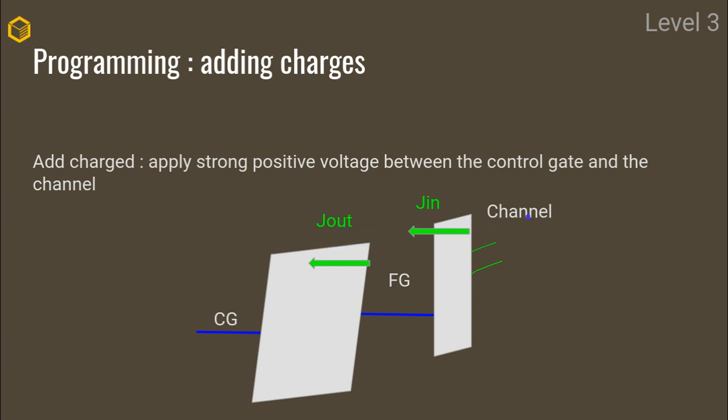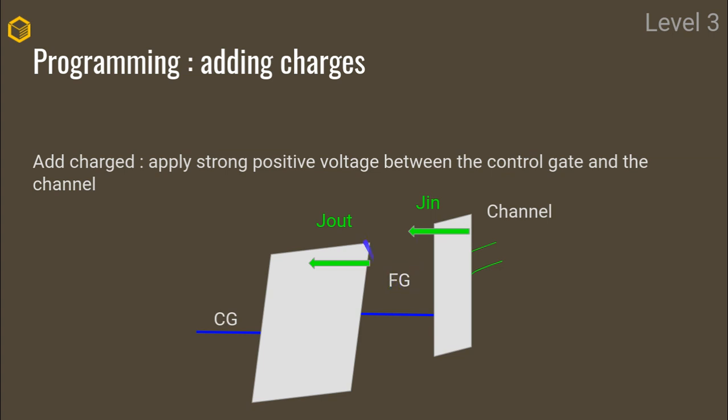And so this very high voltage would modify this effective oxide thickness. And so I would be creating a current flow that I model by J in here, which would allow my electrons to tunnel through and end up on my floating gate.